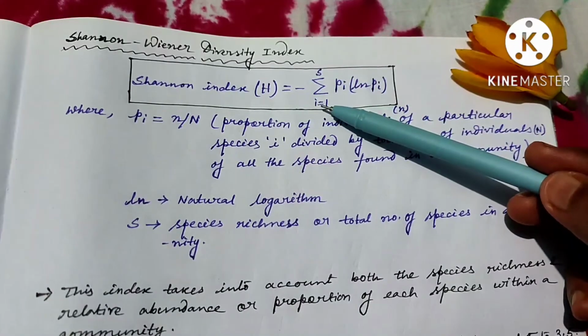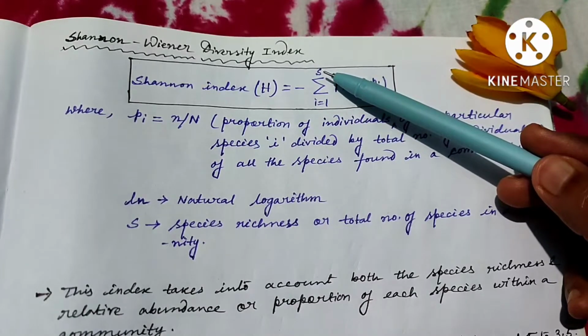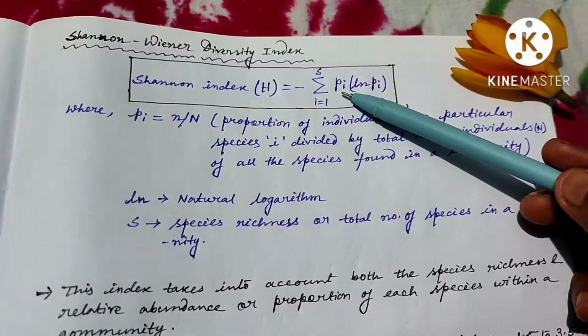i equal to 1 and the upper limit is s. Here i is the ith species in a community and s is the total number of species present in a community. That means s is the species richness and pi is the relative abundance of each species present in a community.